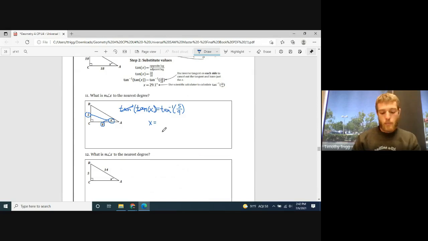On the right, we do tangent inverse of 5 over 9. That's 29.1. Here it says round to the nearest degree, so we'll just call it 29. So the measure of this angle, angle x, or angle A as it is here, is 29 degrees.